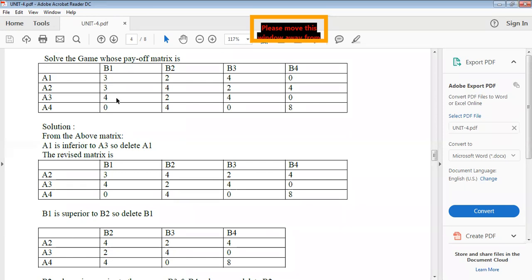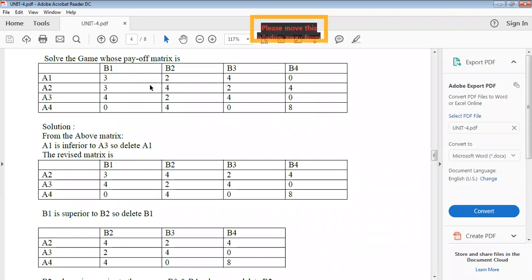So 3 is less than 4, 2 is equal to 2, 4 is equal to 4, 0 is equal to 0. So either they must be equal or less than. So A1 will go out completely. So delete A1. The row wise inferior row has to be identified and automatically the inferior row must be deleted.